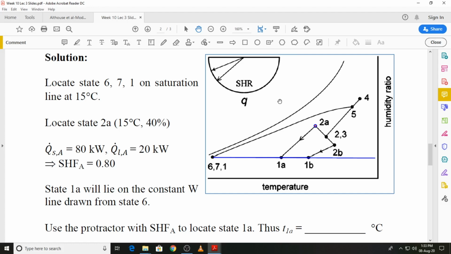And also we have located state 6 or 7 or 1. I will also identify that 6, 7 or 1 is on the saturation line, so we will assume this is on the saturation line. So we've got these two states.